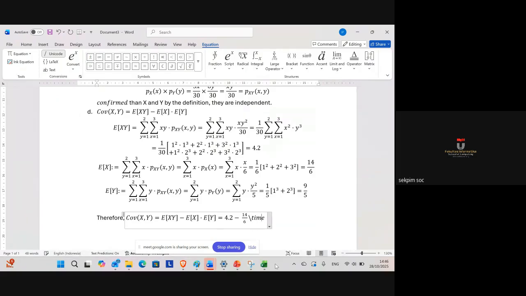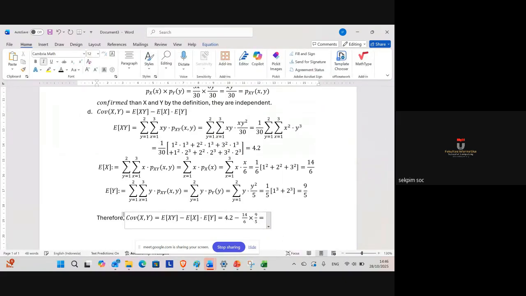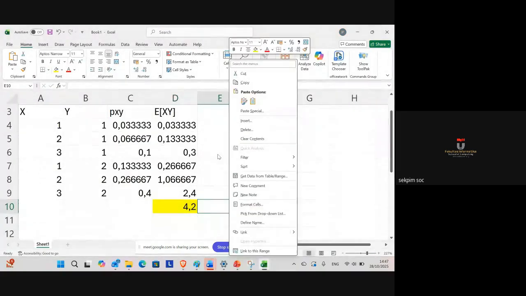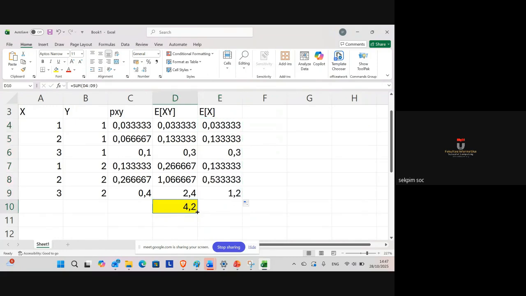Or you can also use Excel like this: take this times this one, and take the sum.